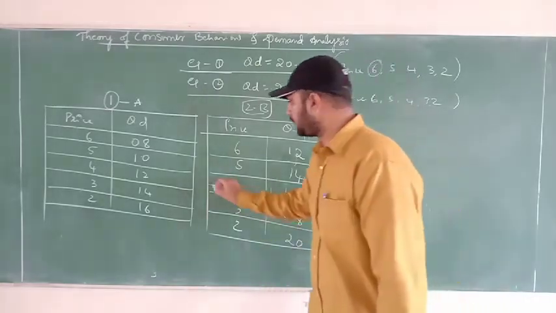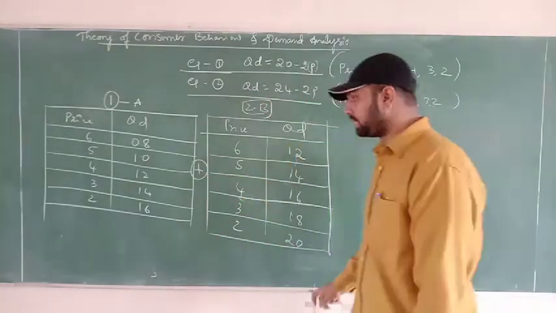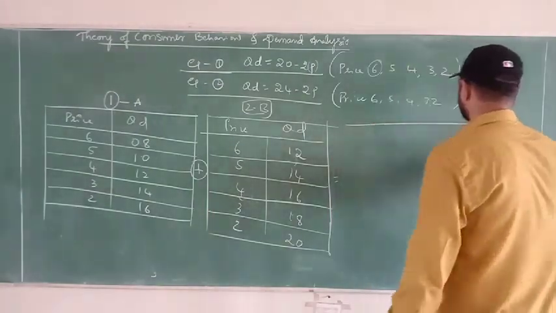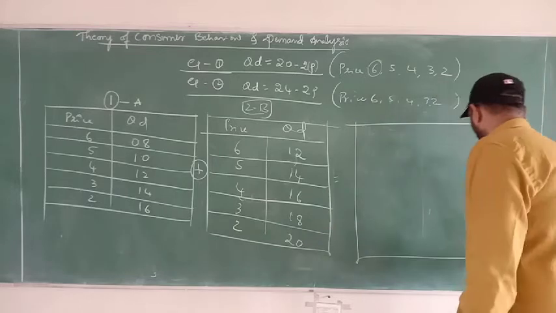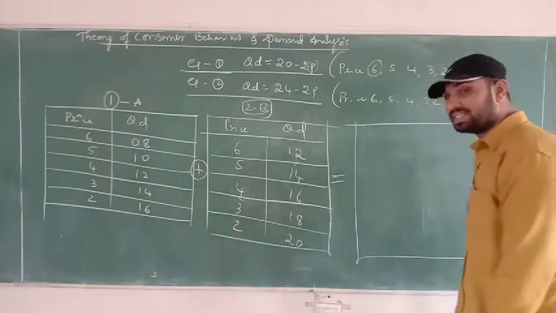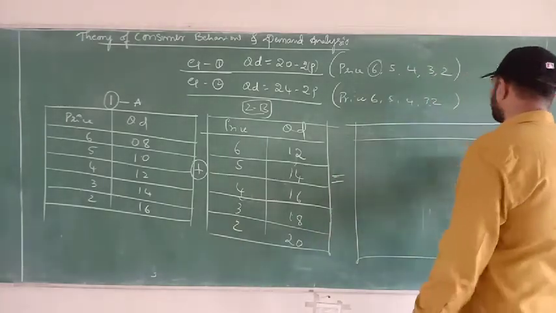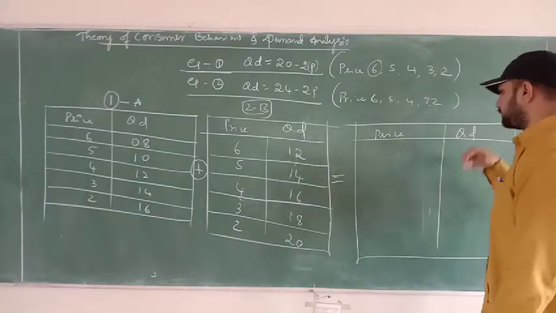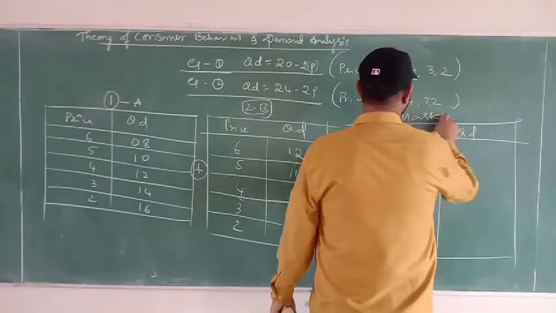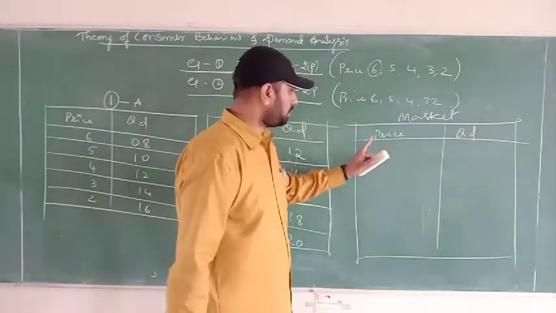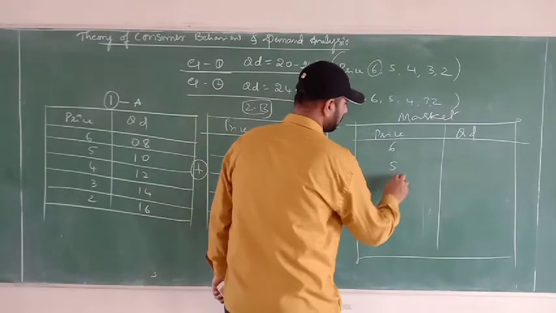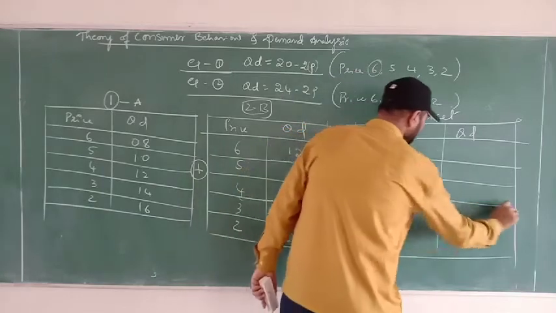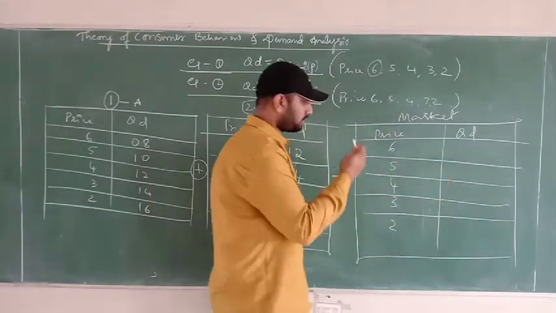If you add up these two, we will derive the market demand curve. How? Just look here. If we add up at the horizontal level, then we will derive this. Let's say price here and the quantity demanded in the market. When the price is 6, then 5, then 4, then 3, then 2, what will be the demand for the commodity in the market at that particular price?